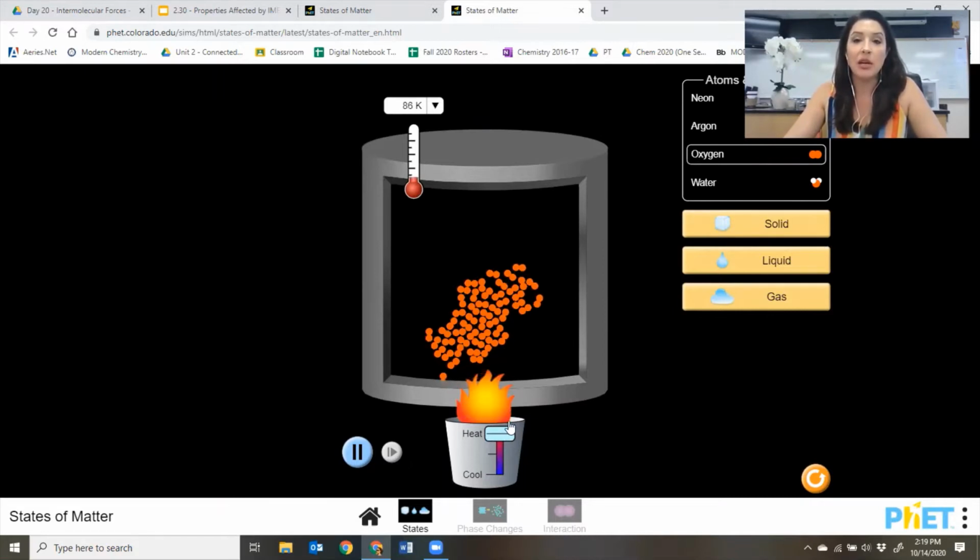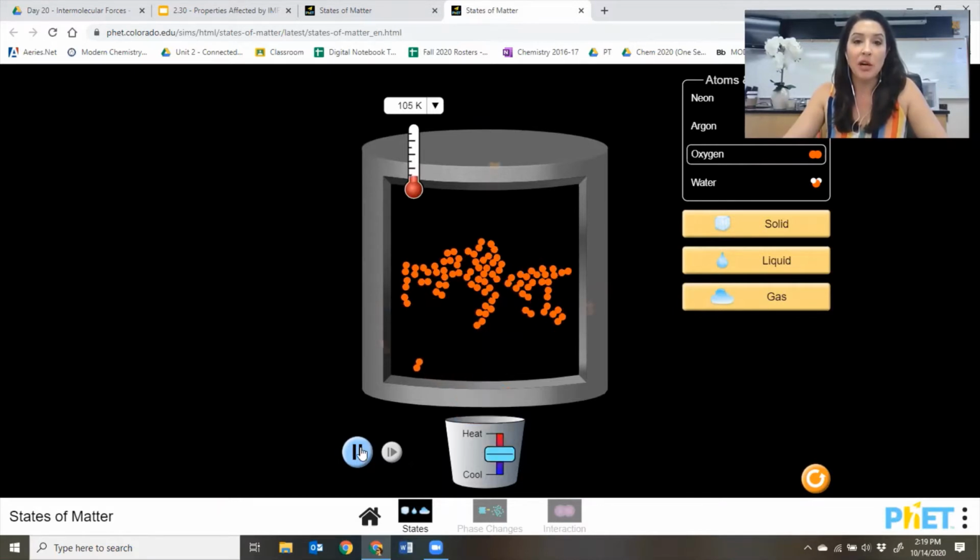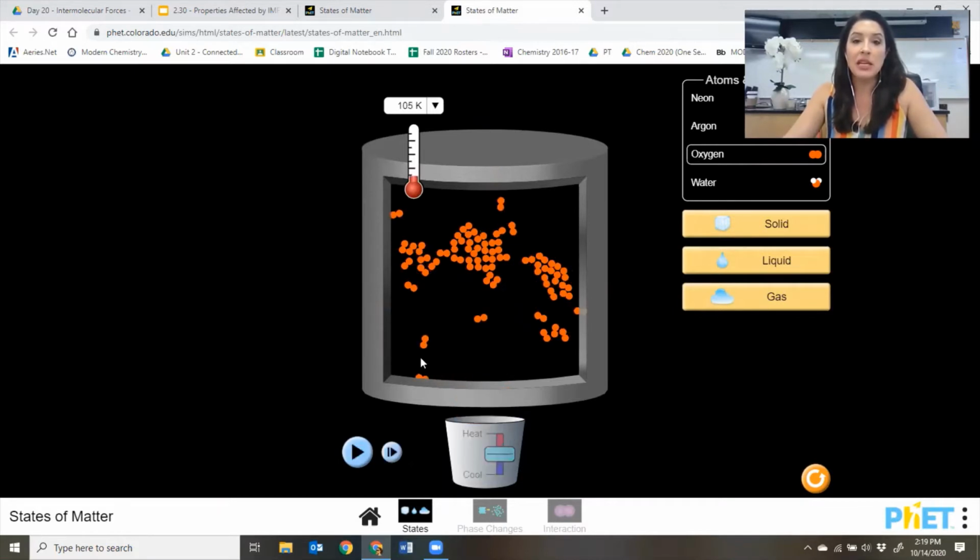If you take a look at any individual oxygen gas molecule there, I'll pause, and you can see there's still two oxygens bonded together here. So the molecular structure is still the same. No bonds are broken, no bonds are being formed, but the spacing changes as we are able to overcome those intermolecular forces by applying heat.